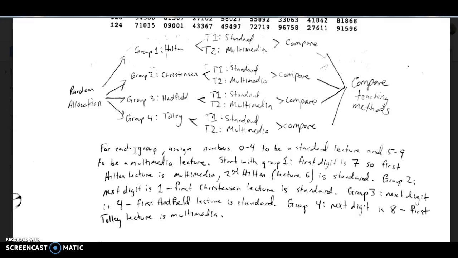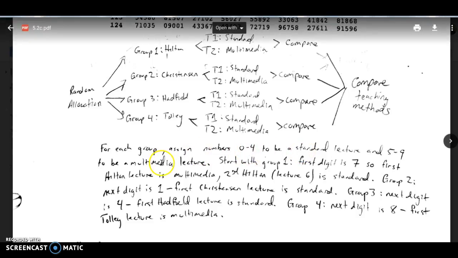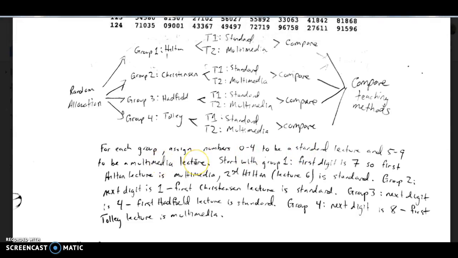But anytime you have a single digit number of options, you can just stick with single digits from your random number table. So I said for each group, we're going to assign numbers 0 through 4 to be a standard lecture and 5 through 9 to be a multimedia lecture. And that way we have a 50-50 chance each time of what our lecture is going to be.